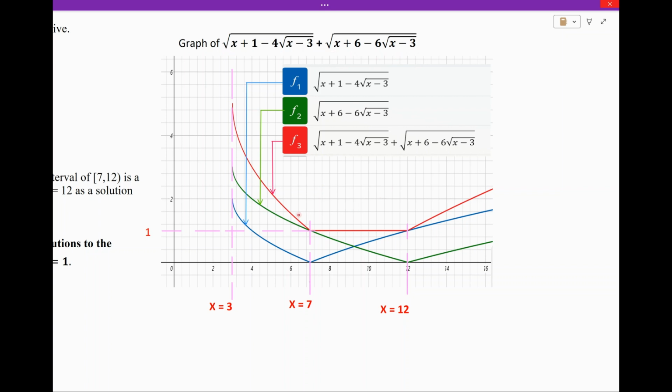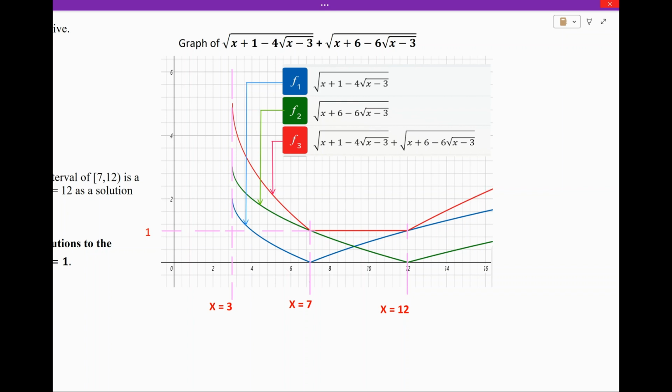And if you examine the graph, you find that this graph also starts at x is equal to 3 on the left hand side. It becomes 1 at x is equal to 7. Then it remains 1 throughout until it reaches x is equal to 12, and thereafter it goes on increasing.